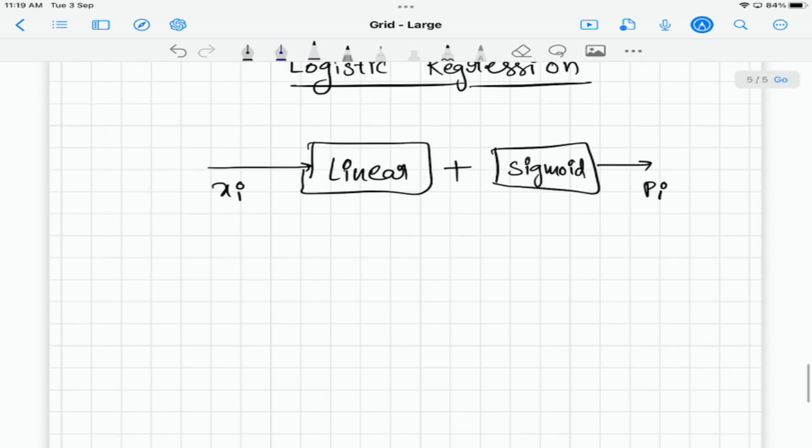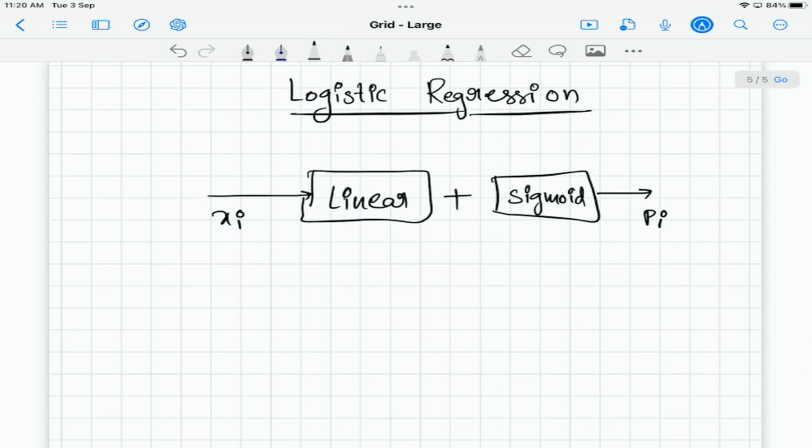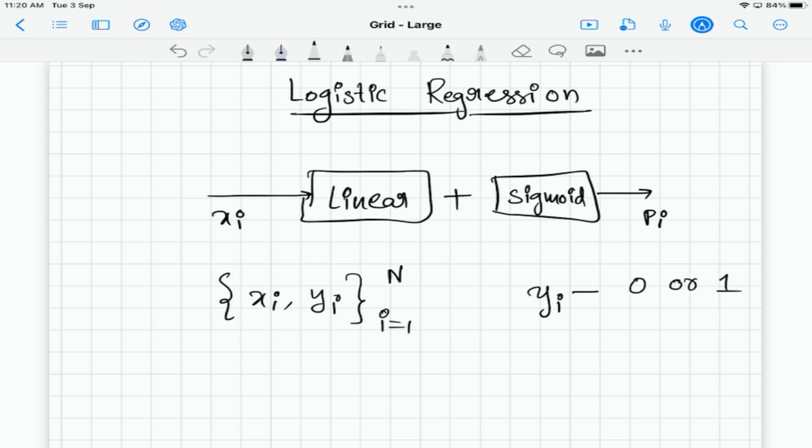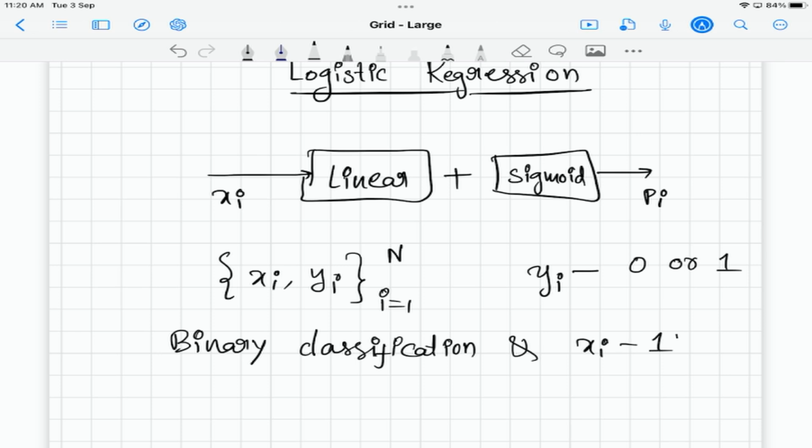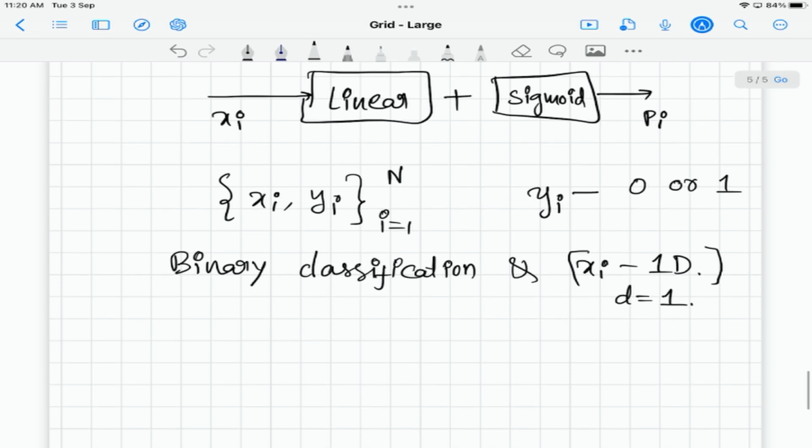For deriving this, just assume that your data set is a simple one-dimensional data set, and your yi, which is your ground truth, can be 0 or 1. Assume you are solving a binary classification problem and your xi is just one-dimensional, where d equals 1.